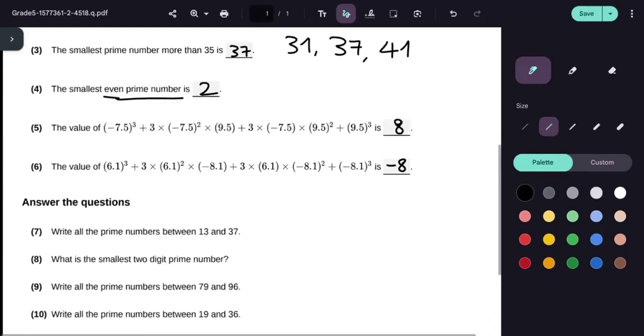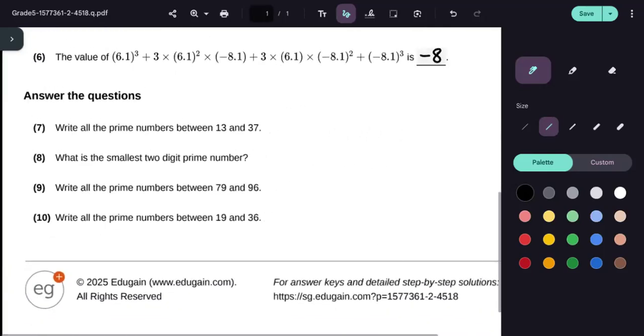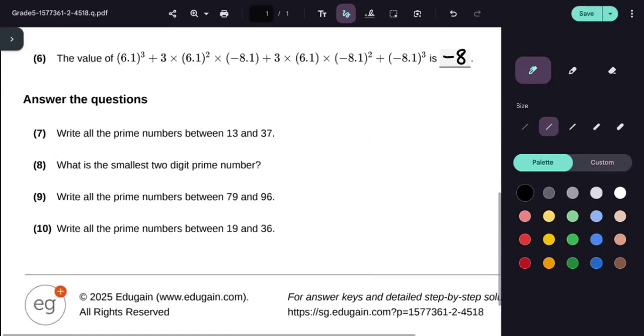Okay, next one. These are the questions that they will ask you in the exam. Write all the prime numbers between 13 and 37. When they say between 13 and 37, don't count these two in. I repeat, do not count these two in.